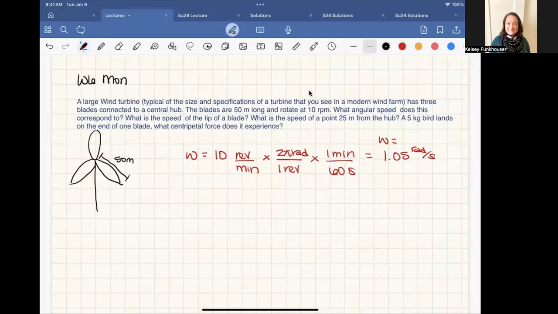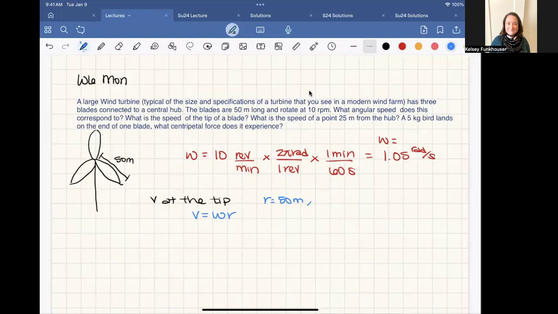And then it asks us for the velocity or speed at the tip of the blade. So the velocity equals the angular velocity times the radius. So the radius here, it's asking for at the end, so that's 50 meters.